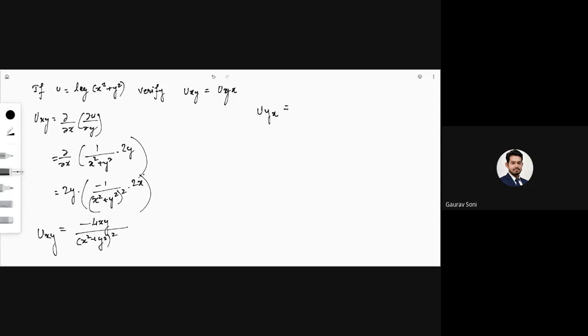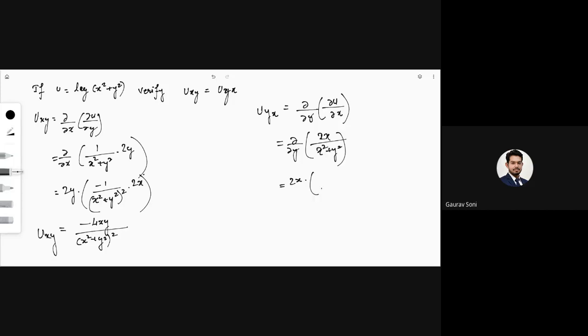Uyx will be equal to partial derivative with respect to y of partial derivative of u with respect to x. So this is equal to, in bracket, derivative of u with respect to x, and that will be 2x upon x square plus y square. 2x being constant will come outside.